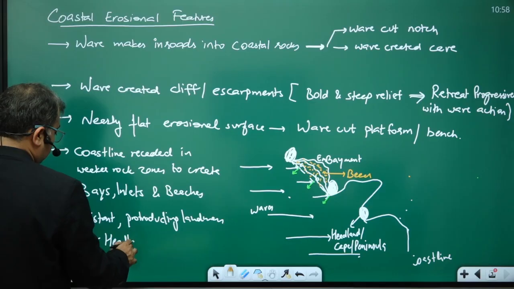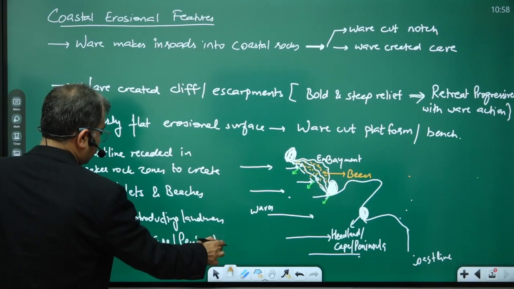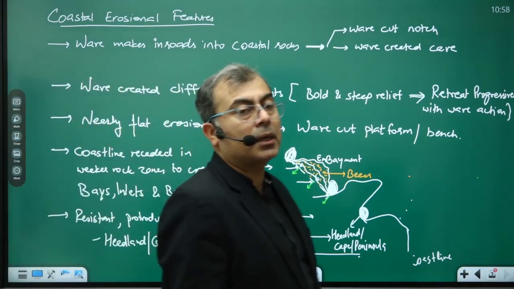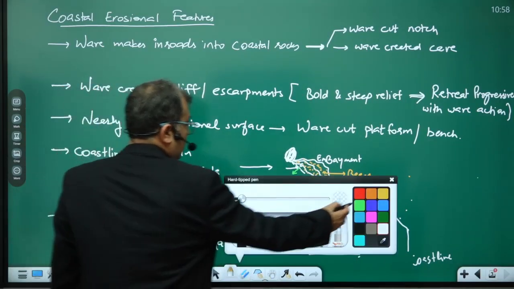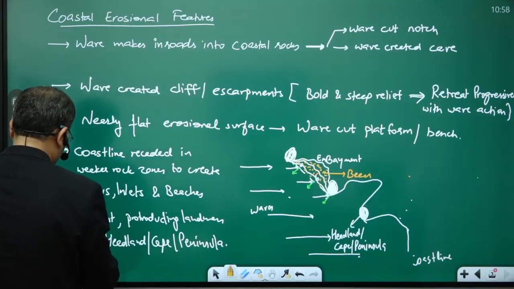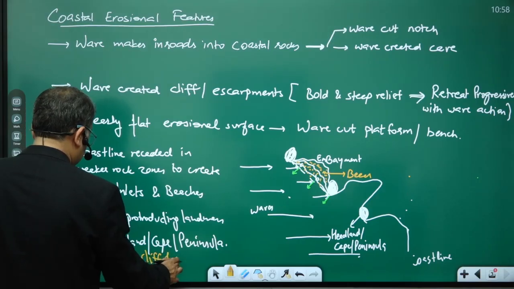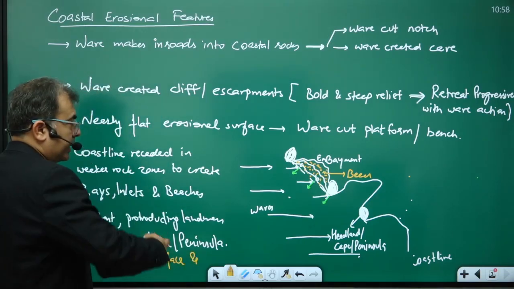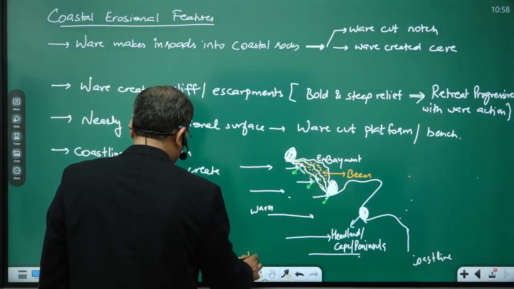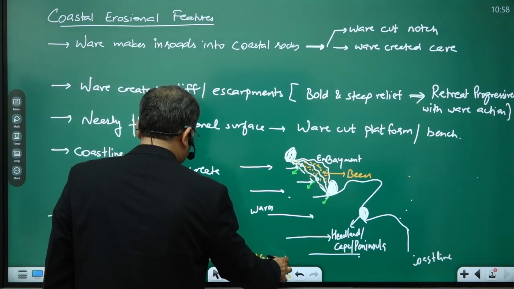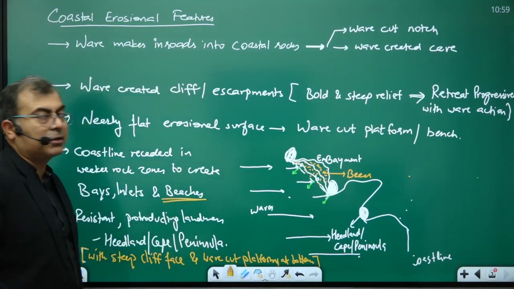Headland, cape, peninsula. Okay, with steep cliff face and wave cut platforms at the bottom. A beach can also be on what? It is on a wave cut platform.